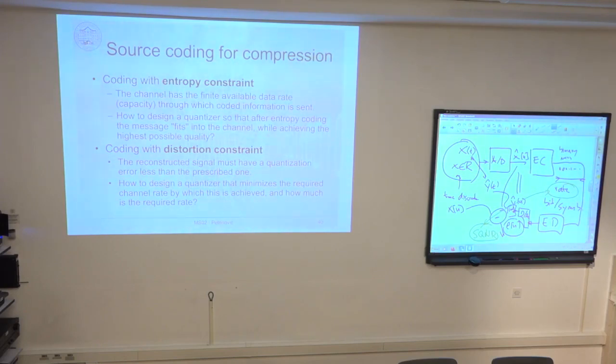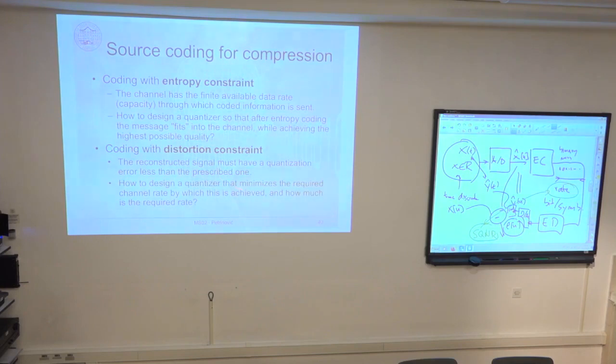I have maybe only -1, 0, and 1 because the step size is twice as large, and I have only 3 symbols, not 7. So that is one way how I can directly affect the entropy at the output of the AD converter. It depends on the step size. The step size directly affects the output entropy; it is a trivial way how I can control the entropy. By simply increasing the step size, I will reduce the entropy. But of course, the price I have to pay is lower quality. If I increase the step size 2 times, I lose 6 dB in quality due to the twice larger step size.